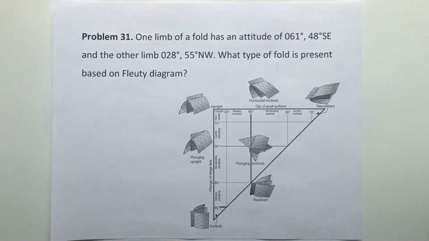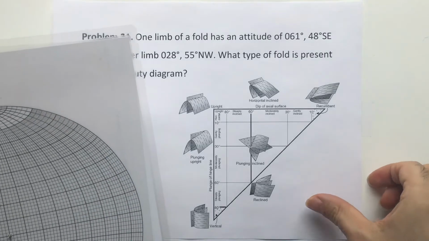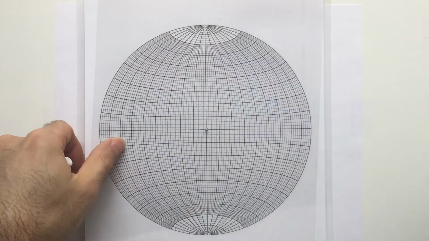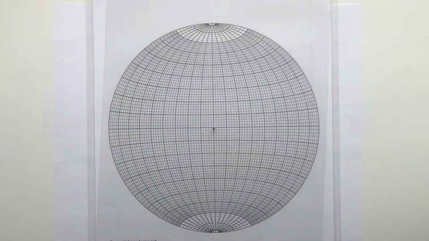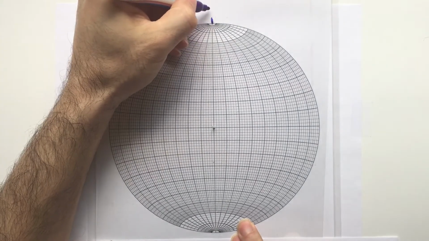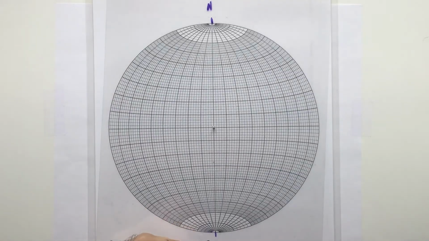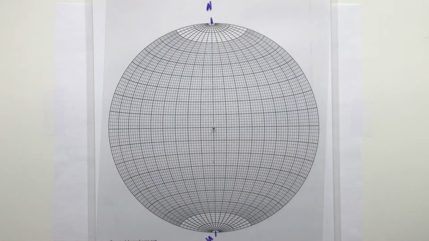So let me bring my stereonet and I'm going to work on this. So here it's my north and south. So one, it says the strike is 61 and the dip is 48 towards southeast.